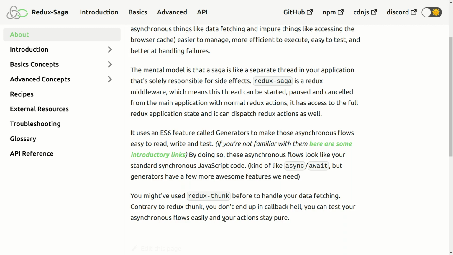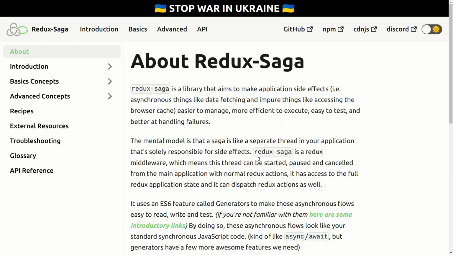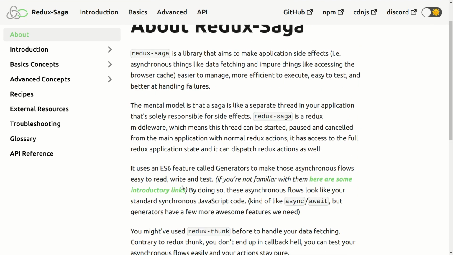But basically there, all of the error handling is done by ourselves, and if we forget to manage that error handling, it may break our application. But in the case of Redux Saga, this is not the case, because all of this error handling and data fetching is handled directly by Redux Saga.